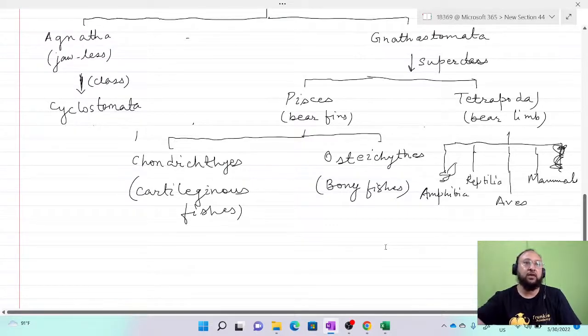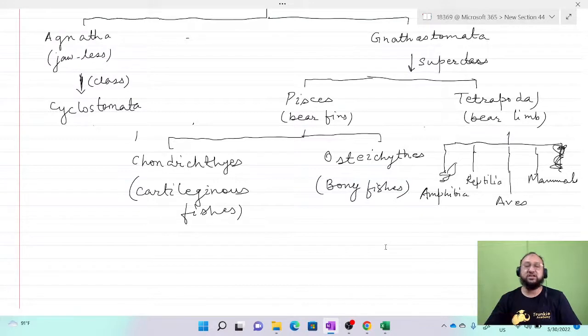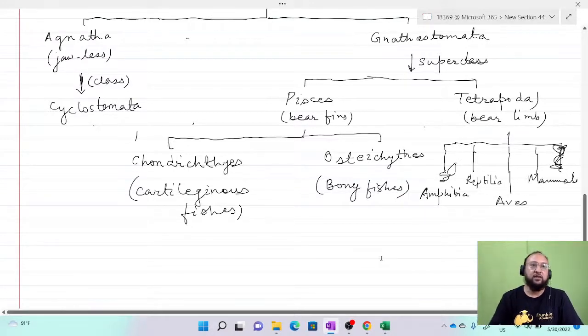Now the important point about the Vertebrata is that we have to go through some general characteristic features of the Vertebrata.